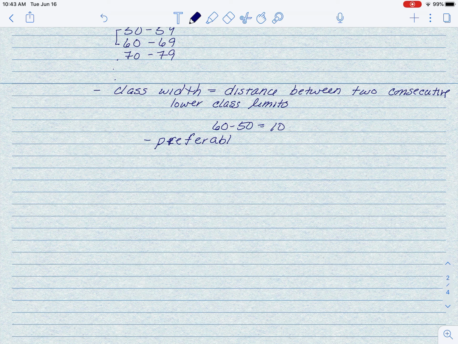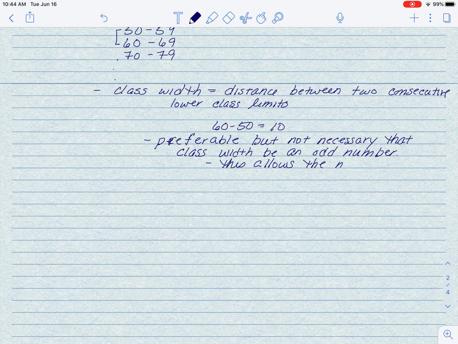The reason is that then the midpoint of the class has the same place value as the data.